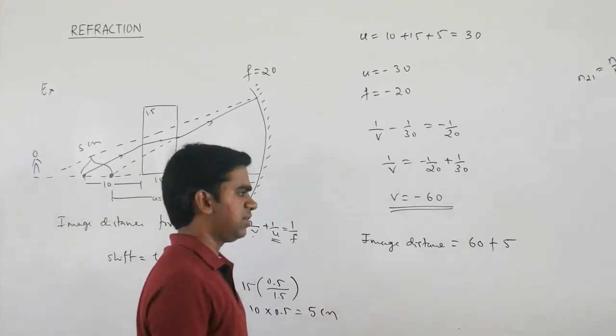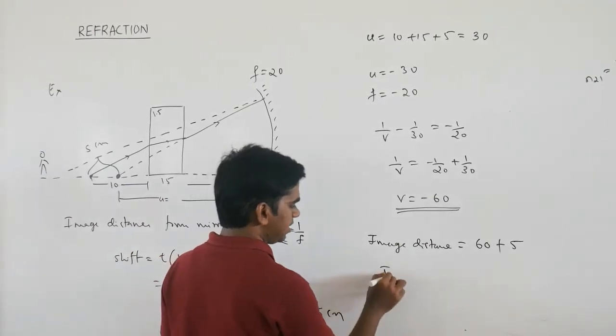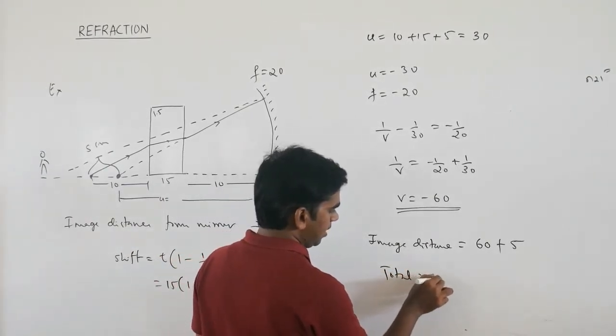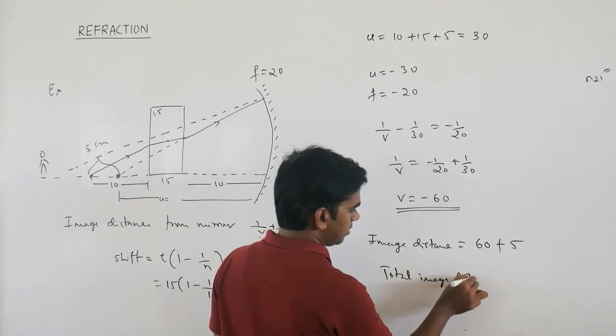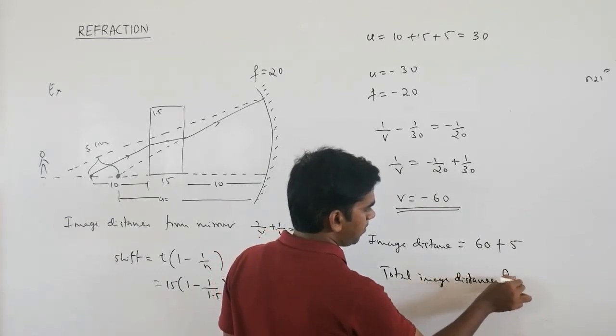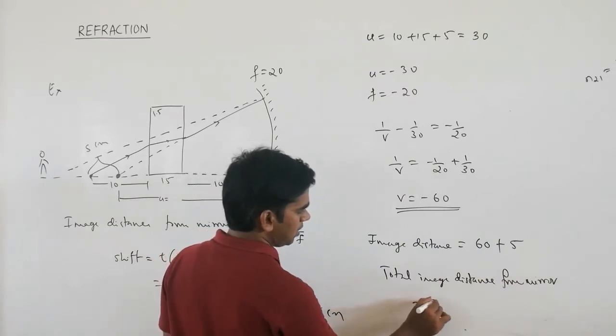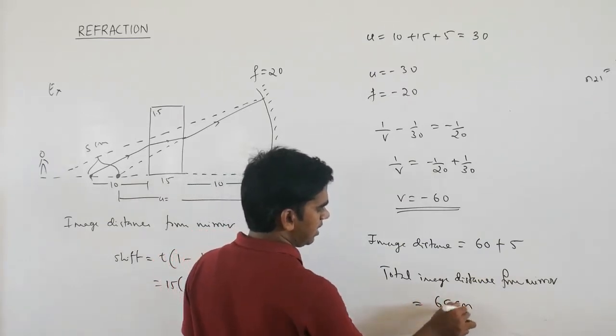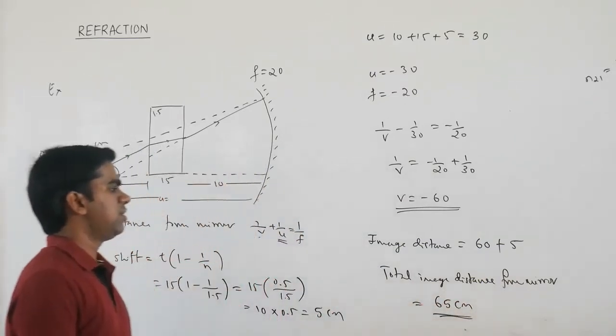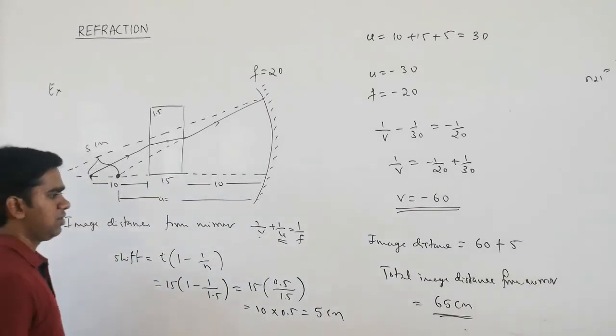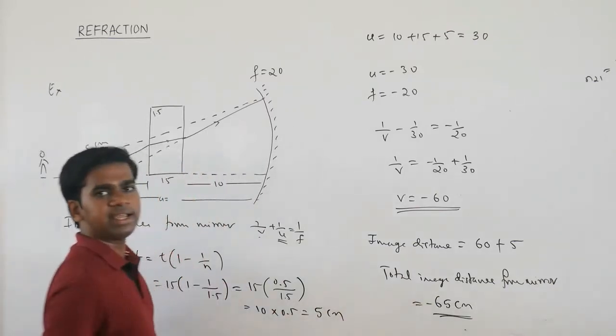The shift due to the glass slab is 5. So the total image distance from the mirror is equal to, say, 65 centimeter. Okay, so this is our answer. If you want it with sign, you can take it as negative also.